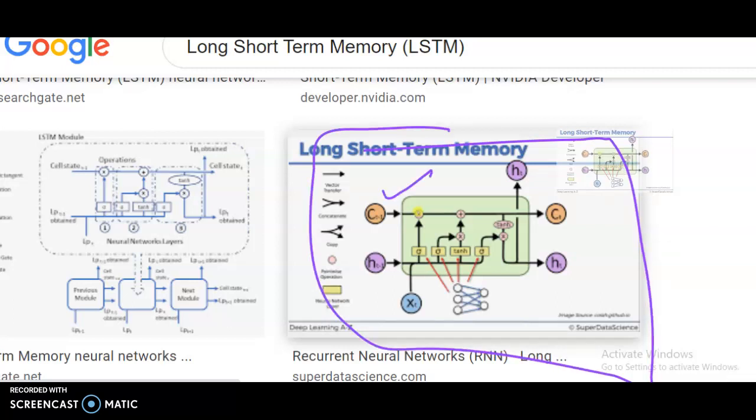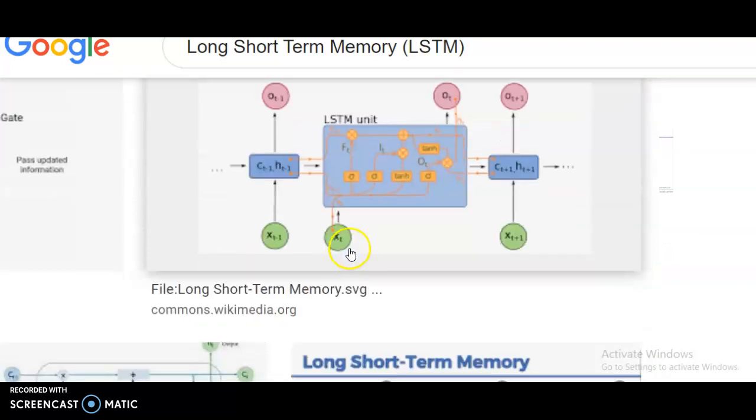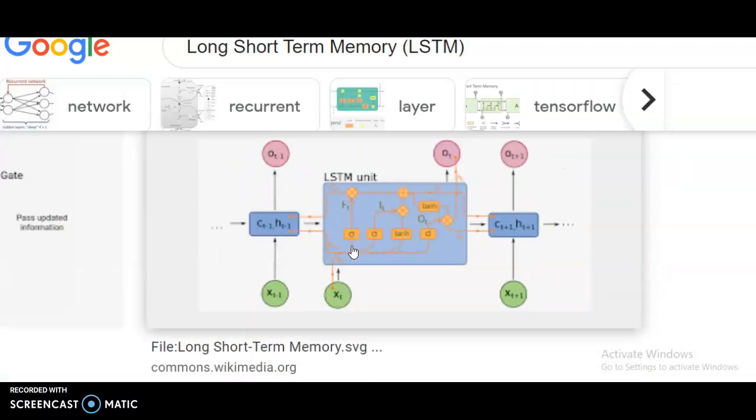C1, H, X1, H, C, H. LSTM. C t minus 1, H t minus 1, X t minus 1.